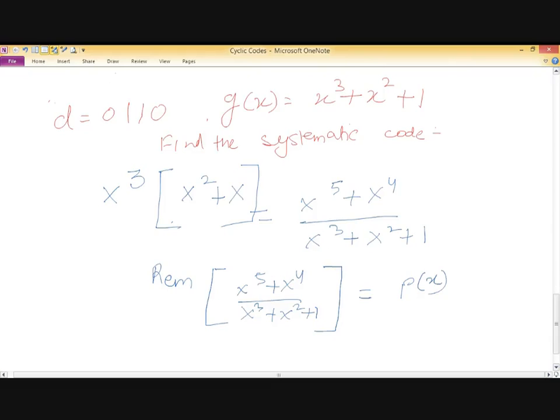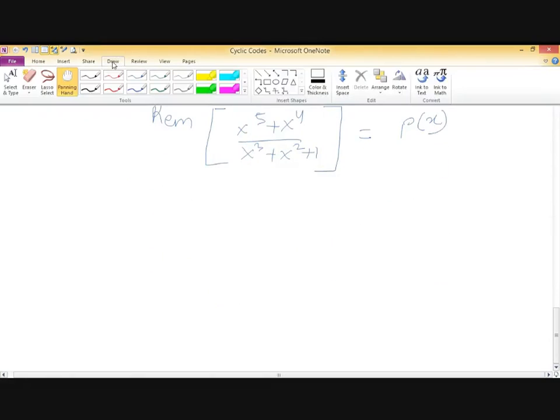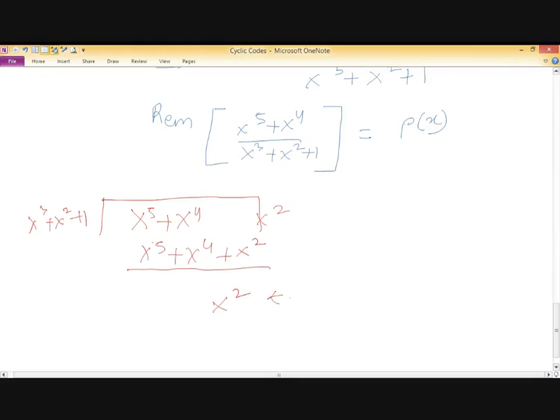So let's divide it. If someone has divided it, please provide us the result. If we divide x5 plus x4 by x cube plus x square plus 1, I will be getting x square as the quotient, with x5 plus x4 plus x square, so the parity polynomial is x square and q(x) is x square.